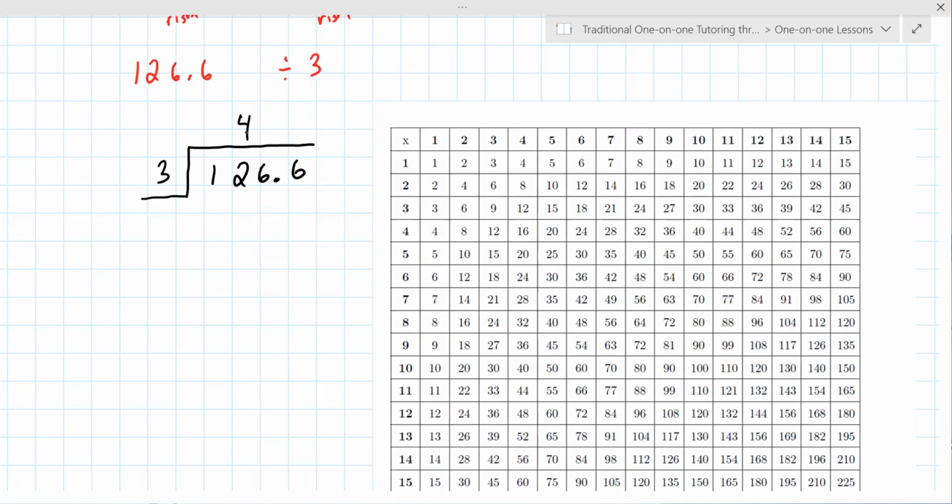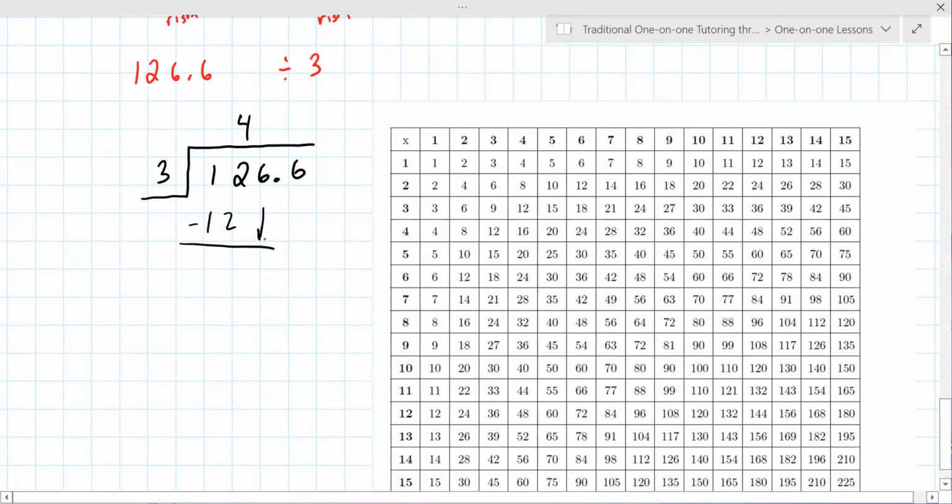So we just bring down the 6, right? You just bring down the 6 because it ended up being 0. That's right. And then after, do we ask ourselves how much 3 goes into 6? That's right.